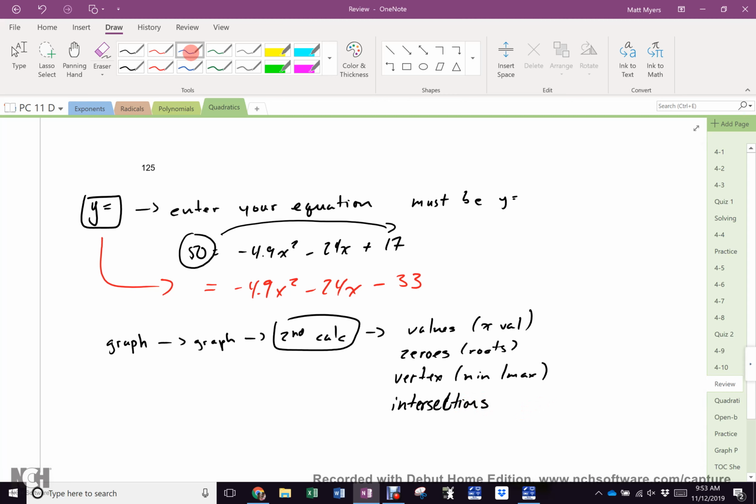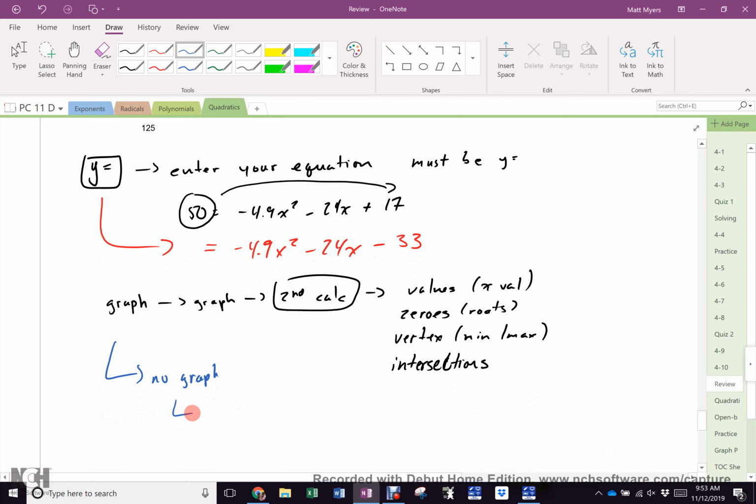What if there is no graph? Then you've got to check zoom or window size. Yeah? All of these things, value isn't going to do that.